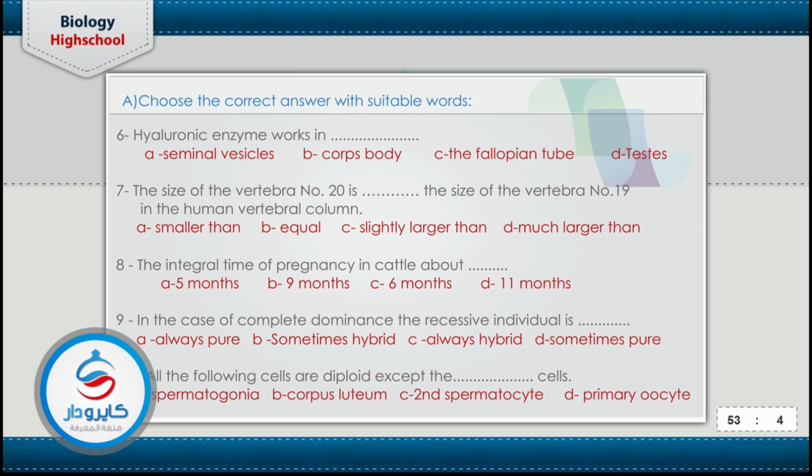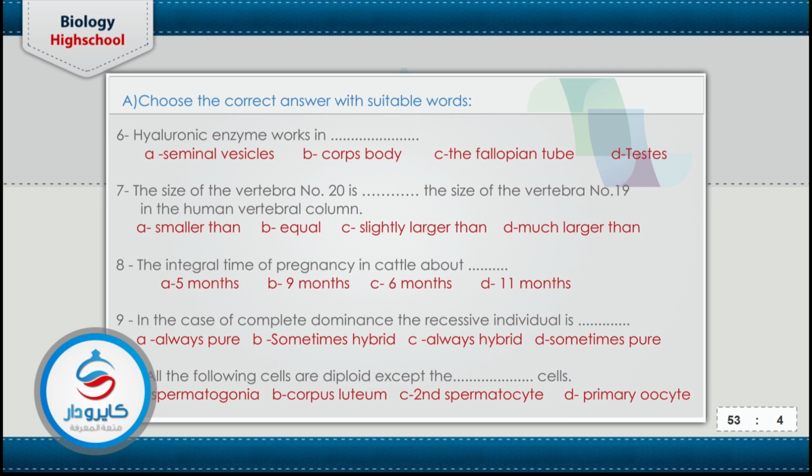Number 7. The size of vertebra number 20 is dots the size of vertebra number 19 in the human vertebral column. Number A, smaller than; number B, equal; number C, slightly larger than; number D, much larger than.